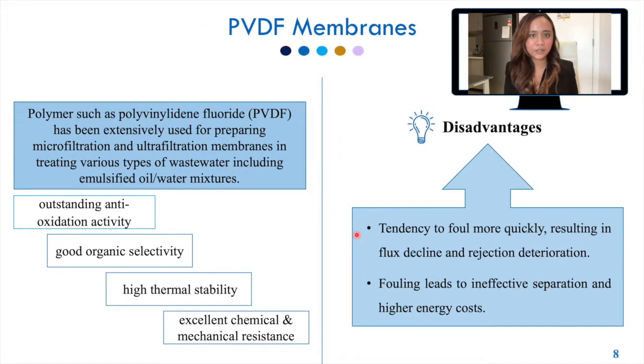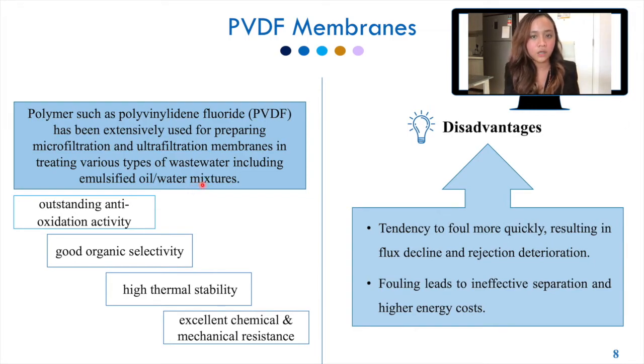There are numerous types of polymers that are regularly used in membrane fabrication, such as polyvinylidene difluoride and polysulfone, and many others. Each type of polymer has its own characteristics that fit the researcher's demand. However, polymers such as PVDF have been used for preparing microfiltration and ultrafiltration membranes for treating various types of wastewater, including emulsified oil-water mixtures.